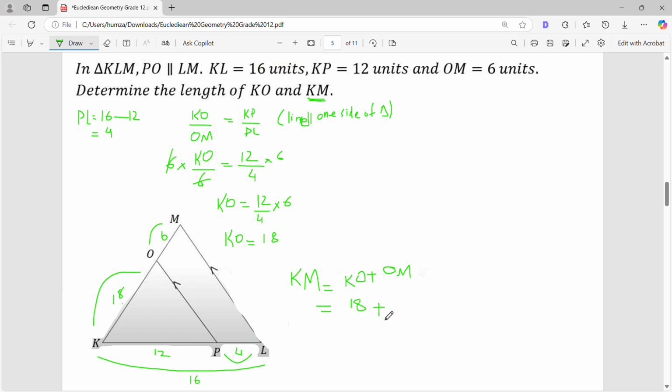OM was given in the question, which is 6 units, and 18 plus 6 will give you 24 units.